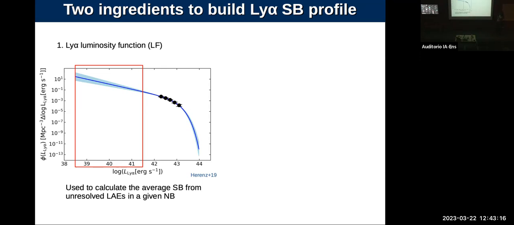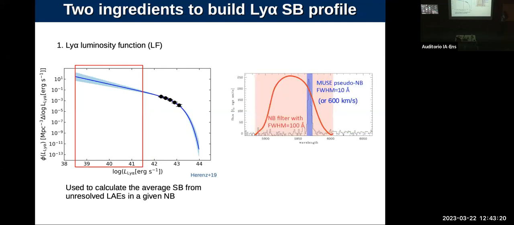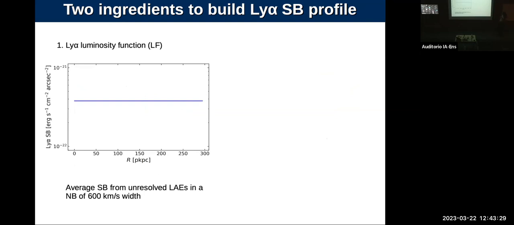If I combine this part of the undetected luminosity function with the typical narrowband filters that are used to create those pseudo-narrowband images, I can obtain this average surface brightness that is expected to be contributed from unresolved Lyman-alpha emitters in a given narrowband width.